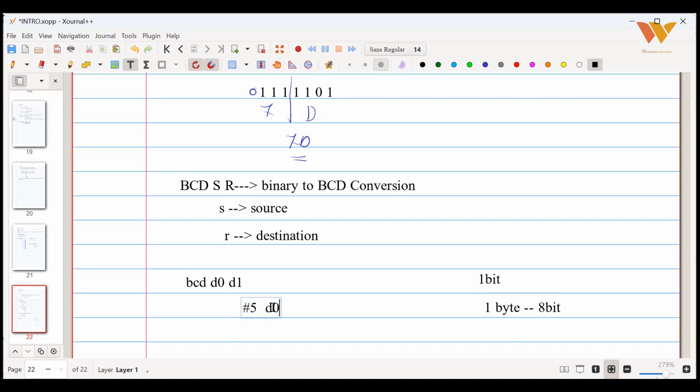Ma'am, D0 is common for bit memory and byte memory? No. Bit memory addresses are 10.00, 10.15 through 10 to 19, and they go till 99.00, 99.15.